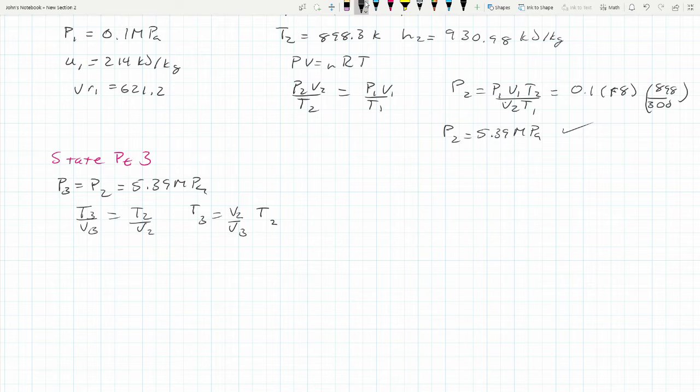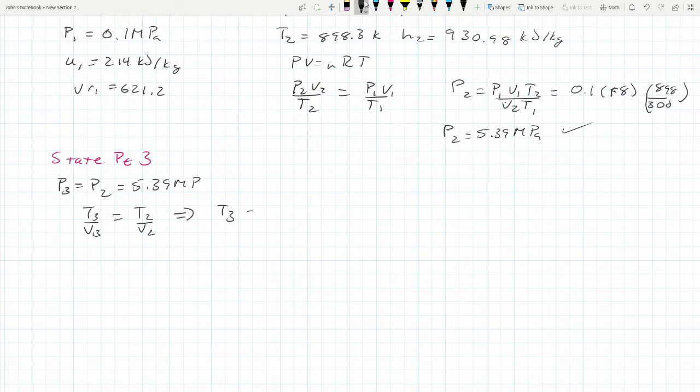I'm sorry, I think I messed that up. One moment. T3 over V3 is equal to T2 over V2. I mislabeled it or something.